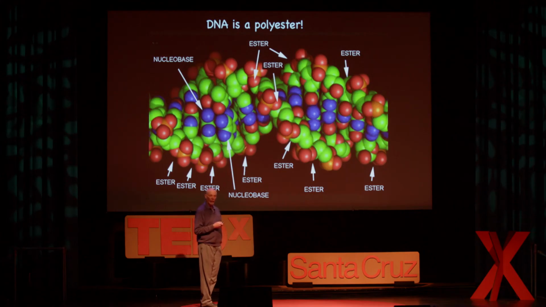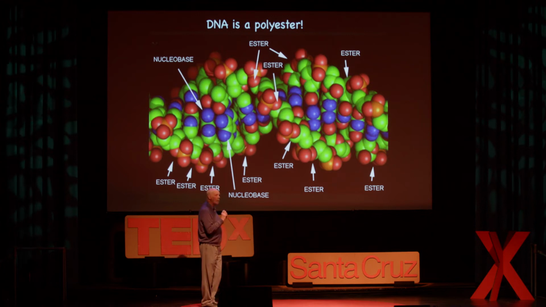Okay, now you know about polymers and you know about self-assembly, so I'm ready to go to the next step. And that is, what is DNA really? This is the double helix of DNA that Watson and Crick worked out so many years ago. And I told you it is a polyester. And sure enough, every red molecule that the arrows point to is part of an ester bond.